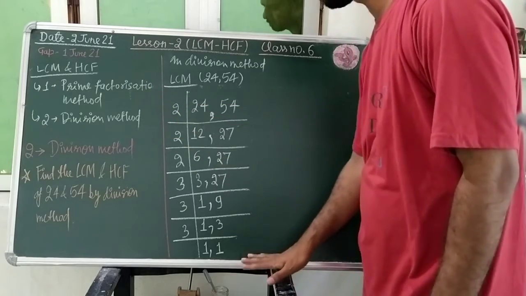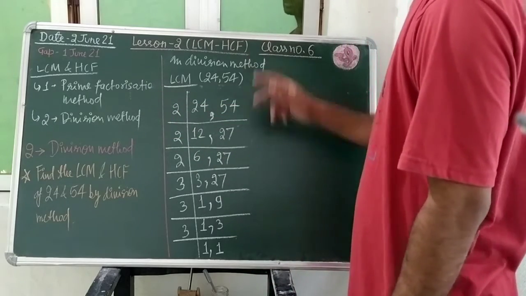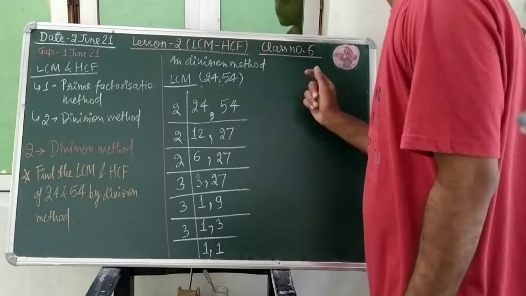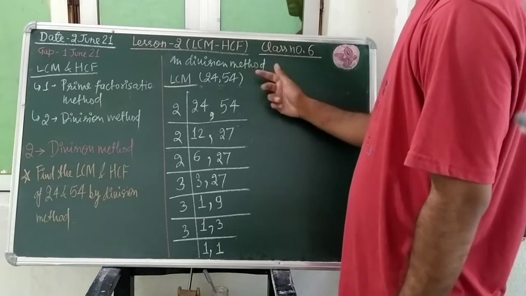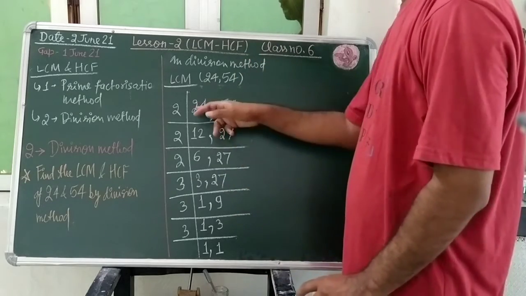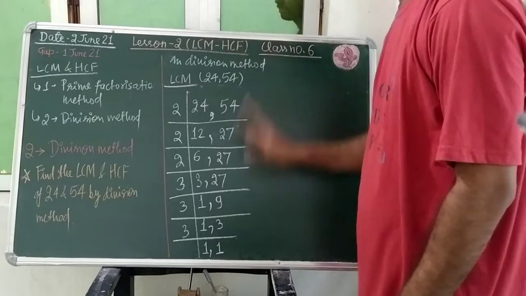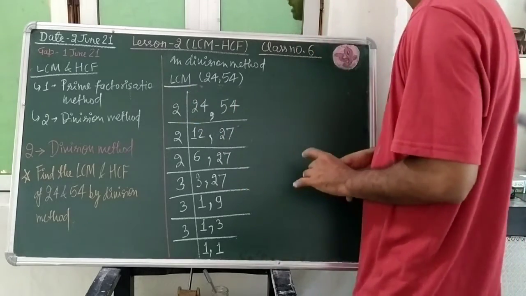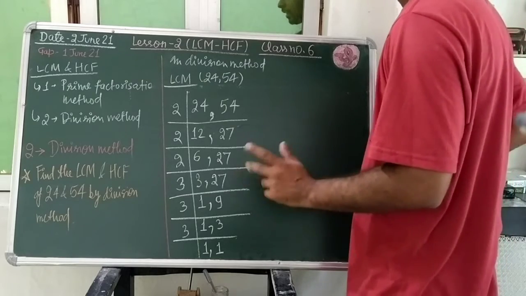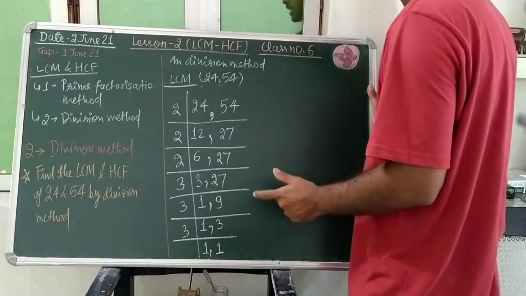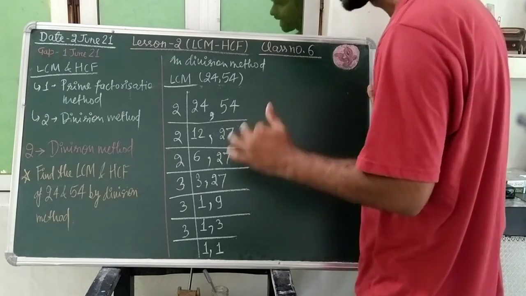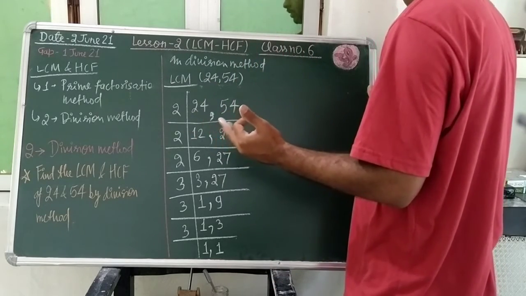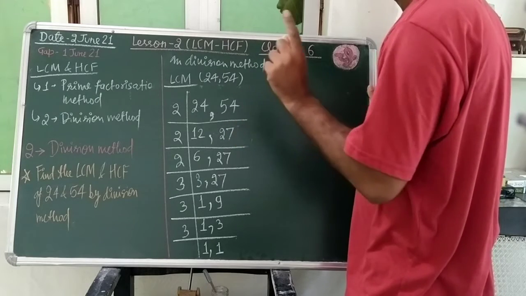In the case of LCM by division method, we shall select all the numbers. Both numbers we have selected, and we will apply the rule which is very similar to the prime factorization method. But look, students, if the question is asking you to find the prime factors, in that case separately there will be the prime factors of only one number.